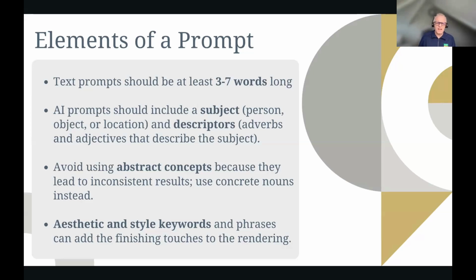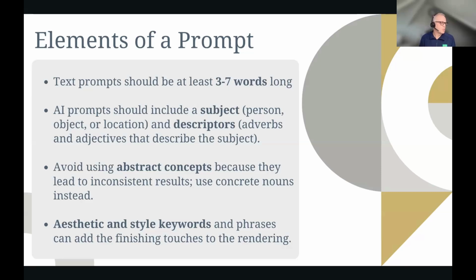Those slightly more abstract concepts can help, but because of their somewhat abstract, subjective quality, they can also be subject to some wild misinterpretation. So you just have to be aware of that. That may be an element that you need to add or remove in your prompt.